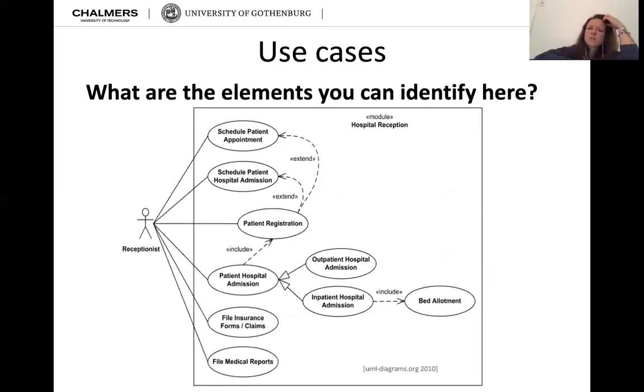Going to the next one. What's different here? What do you see? One big difference is one actor only.